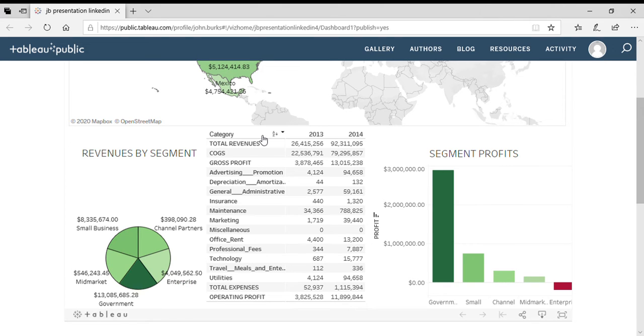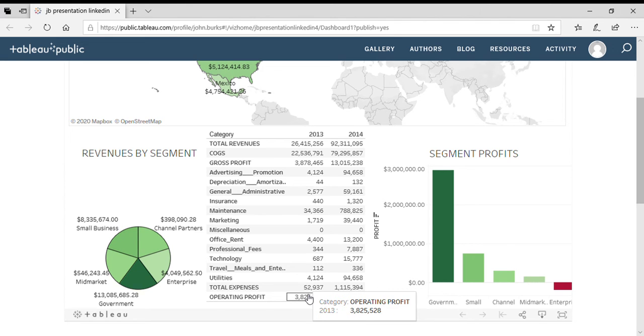And in the middle, we have the profit and loss statement for 2013 and 2014, which shows your typical profit and loss accounts. So we have total revenues, cost of goods sold, your gross profit, your operating expenses, or overhead, and your advertising expenses, things like insurance expense, marketing expenses, and then of course your total expenses, and you have your operating profit.